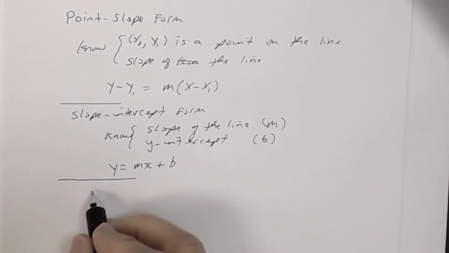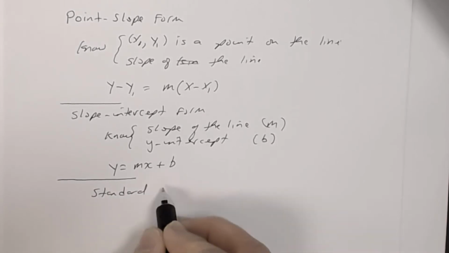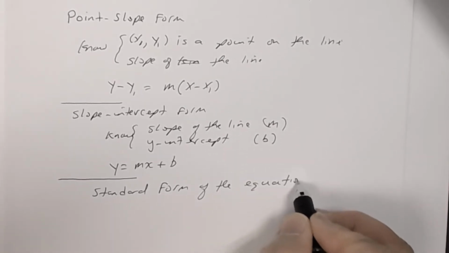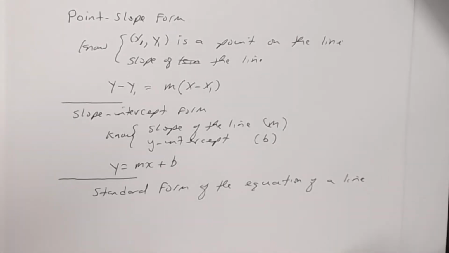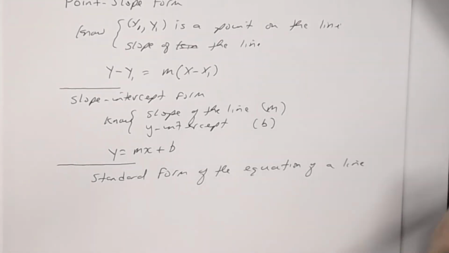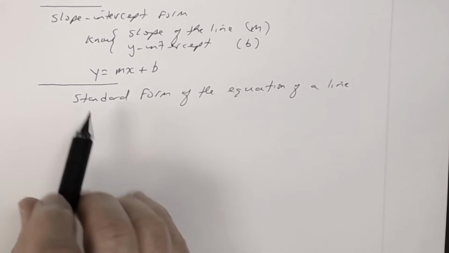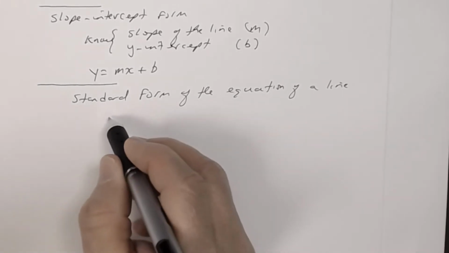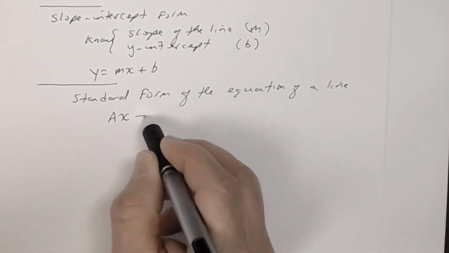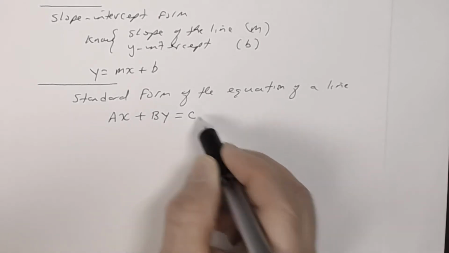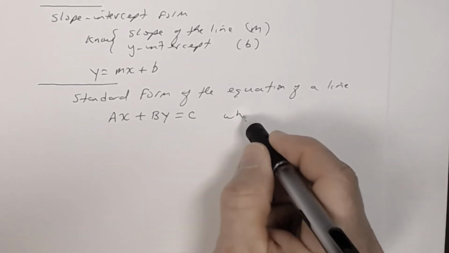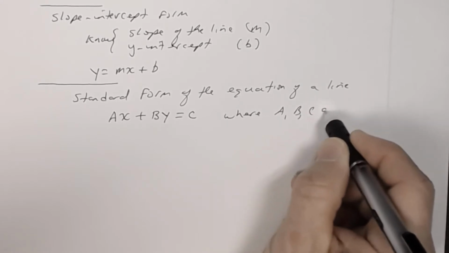Now, one other thing you have to know for this lesson is the standard form of the equation of a line. You can write any equation in standard form, and here's what standard form looks like: ax plus by equals c, where a, b, and c are integers.